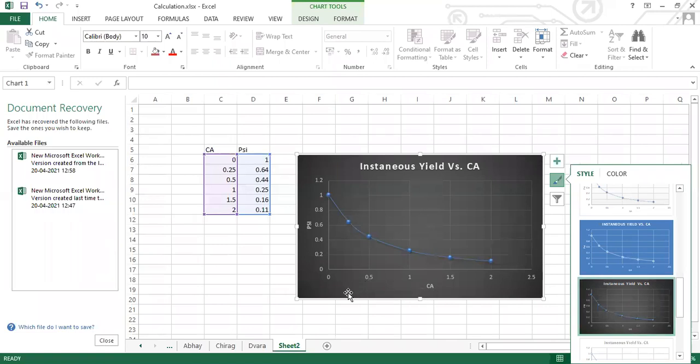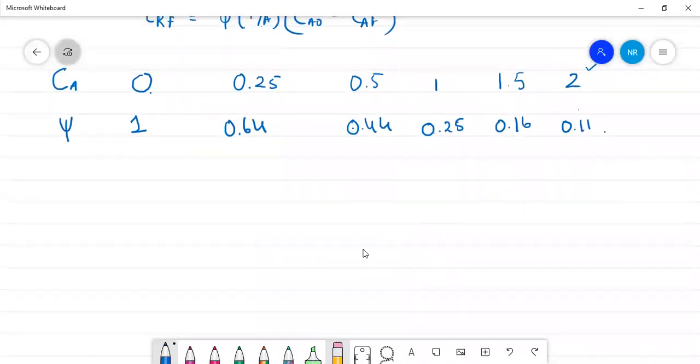So I copy here and paste it here. Okay, I draw a graph, column 5 versus column 6.